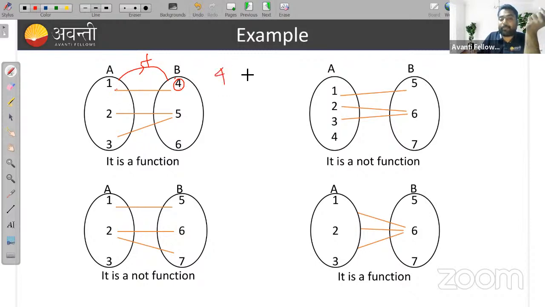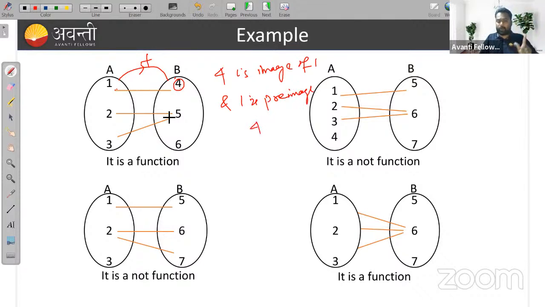We can say 4 is image of 1, and reversely we can say 1 is pre-image of 4. Each and every element must have only one image in set B. So the image of 1 is 4, image of 2 is 5, image of 3 is also 5, right? So it is satisfying my condition. So then we can say this is a function.